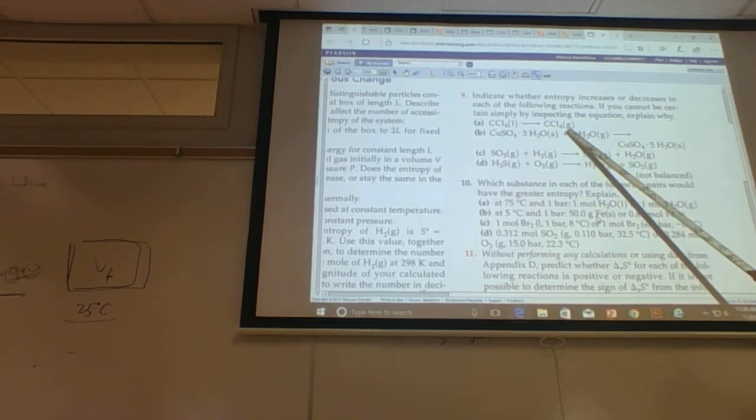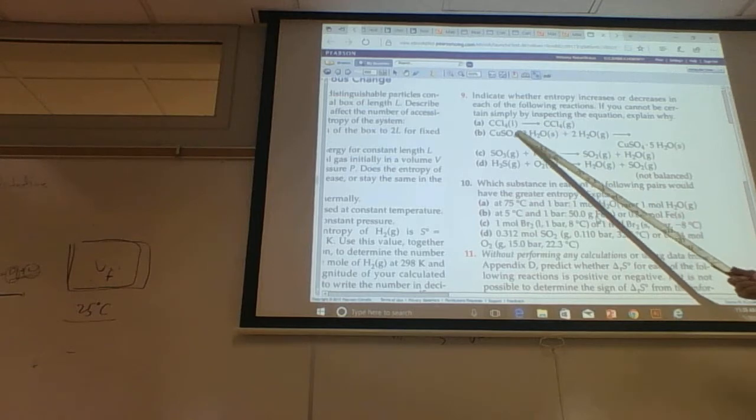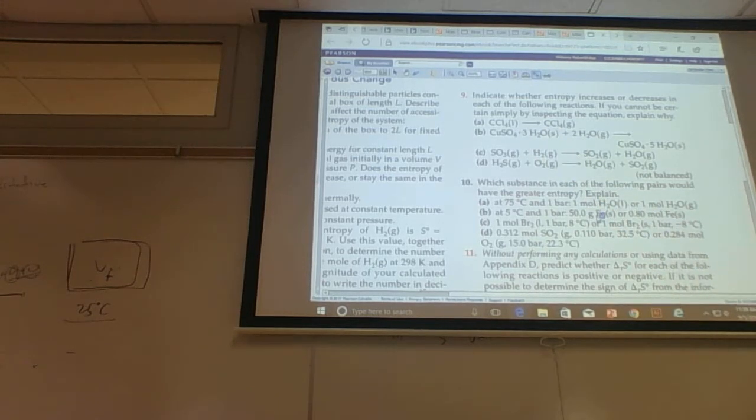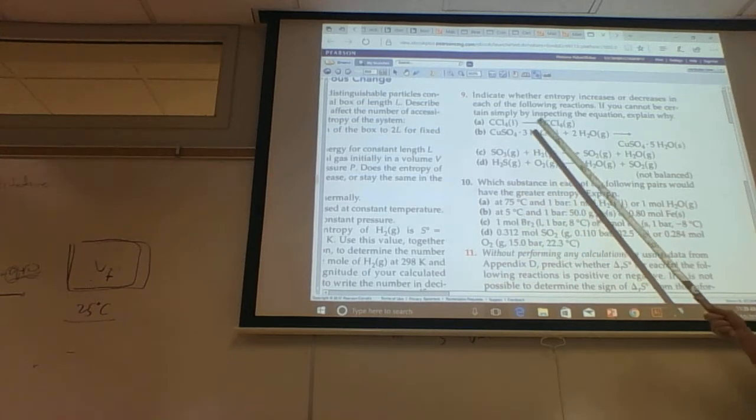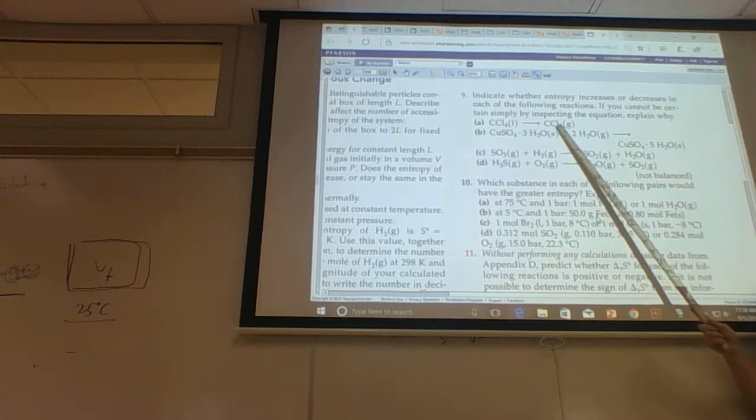So we're going from a liquid to gas. Is the potential energy going up, going down? In other words, what's happening with the energy? Is it increasing or decreasing if we go from liquid to gas? It's increasing.